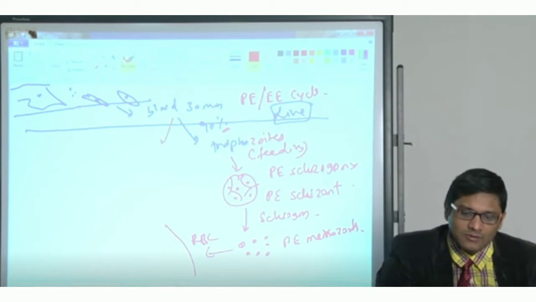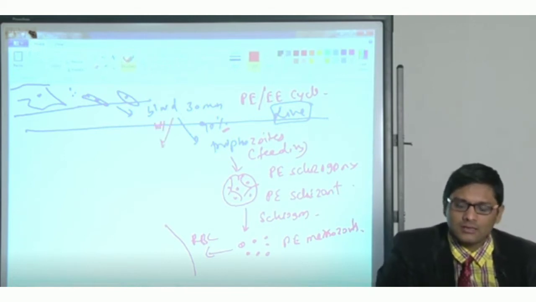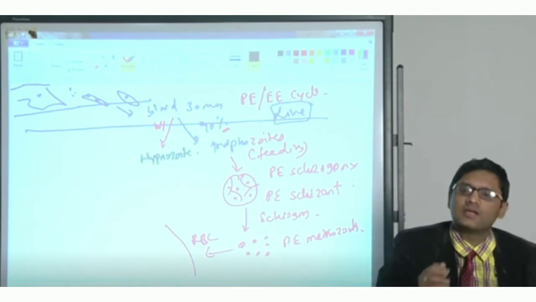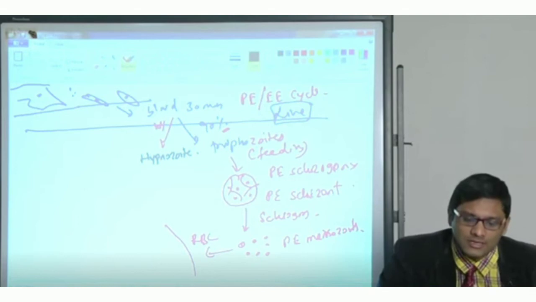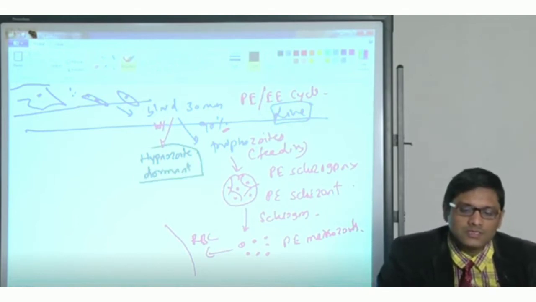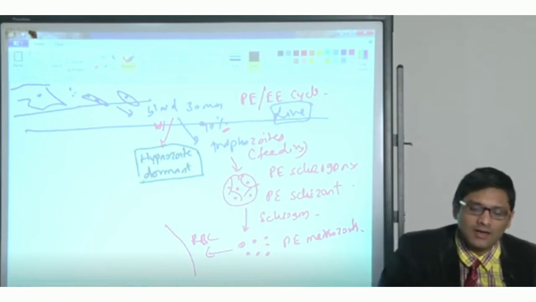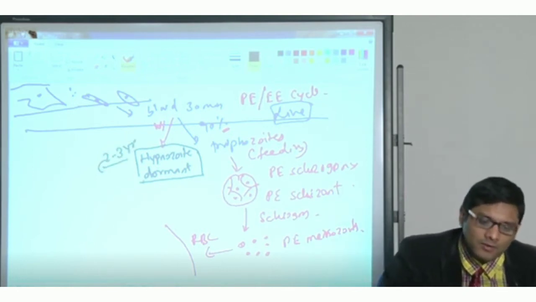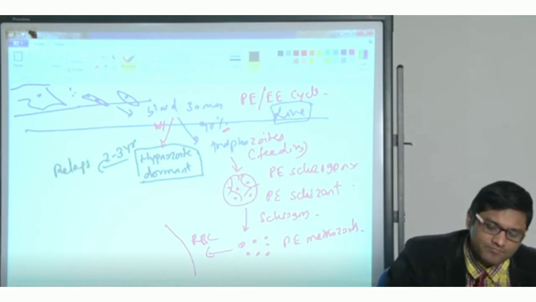The remaining 10% of sporozoites, they are as lazy as you, they will become hypnozoites inside the liver. Hypnozoites are the dormant stage of the parasite, which do not cause any infection, but 2 to 3 years later they will produce relapse of malaria.